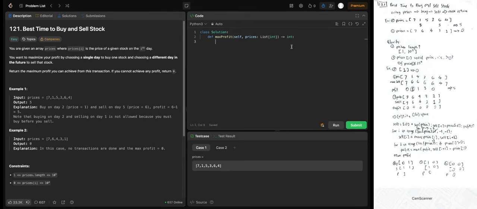Let me put it into LeetCode to see if it works. So sell equals 0 on length of prices, and then sell of the last day be the same as the prices of the last day. Then I'm gonna loop through the sell array from the back.